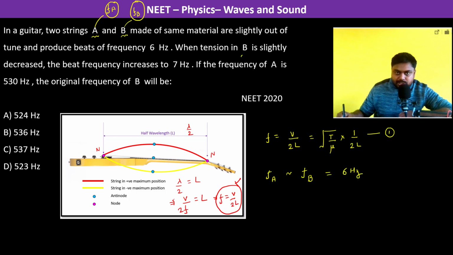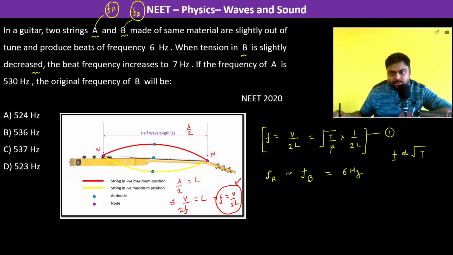Now when the tension in B is slightly decreased, the beat frequency increases to 7 Hz. Now if you see, frequency is proportional to root T. So when the tension increases, frequency also increases.